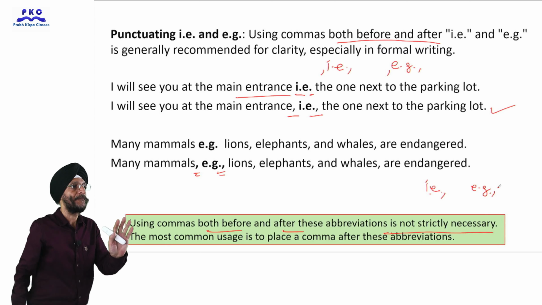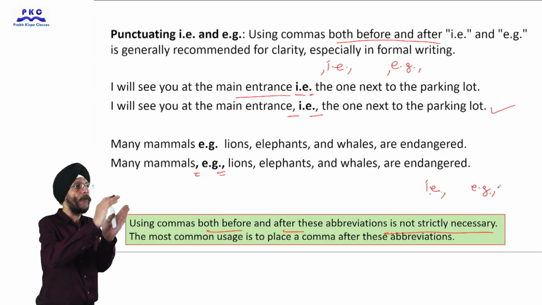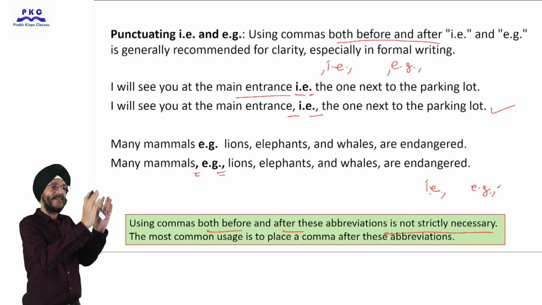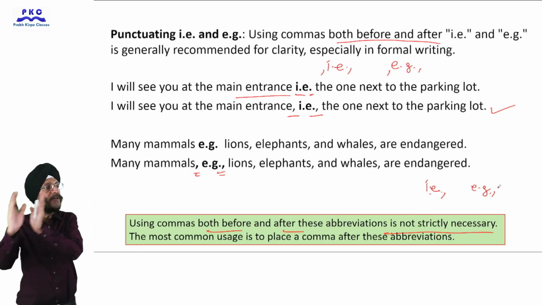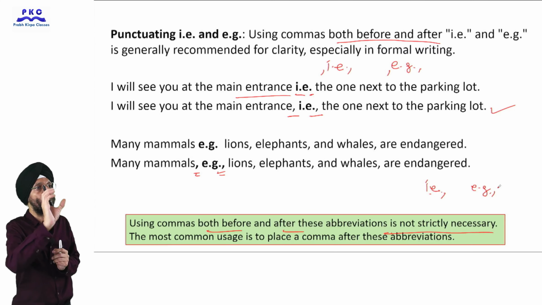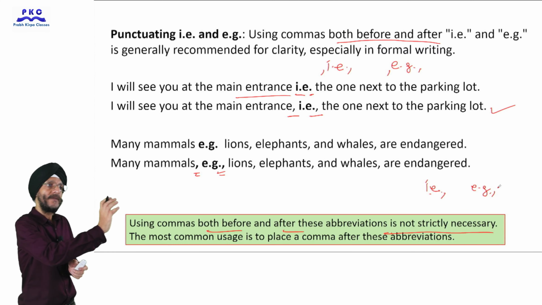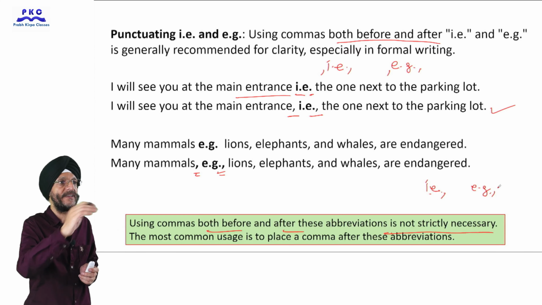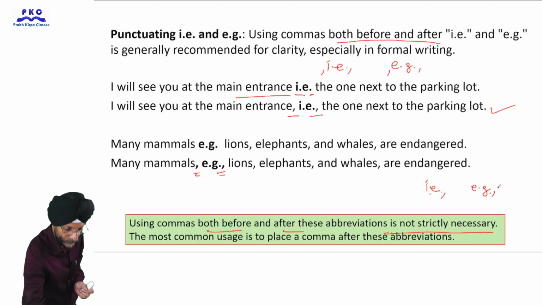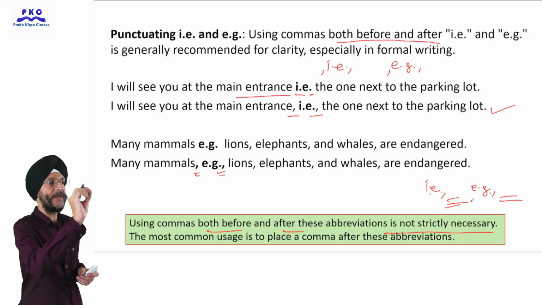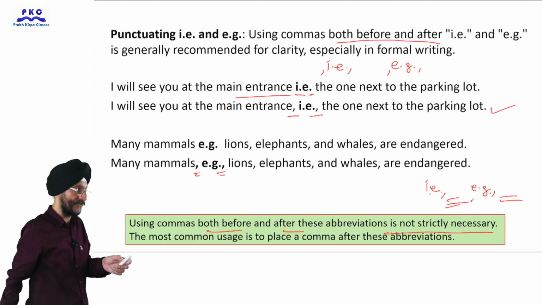It is common because when we put a comma after them, it makes the main sentence different from its examples. It is clarified that this is the clarifying portion and this is the examples, if we make use of a comma after i.e. and e.g.